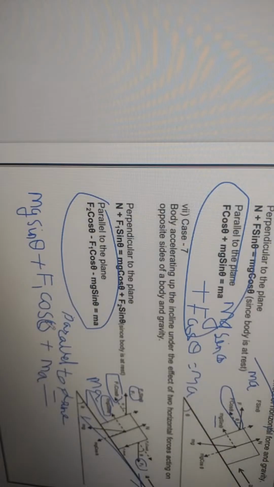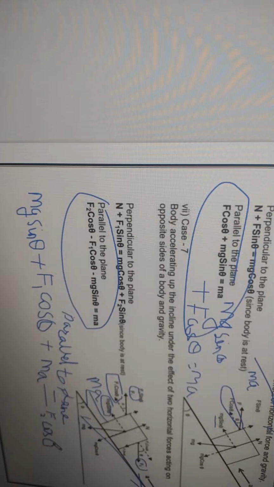Parallel to the plane, mg sin theta is this. F1 cos theta is this. MA is this, equal to F2 cos theta.